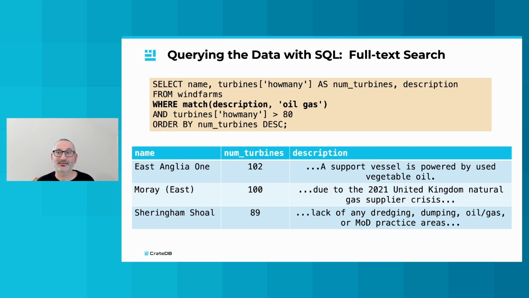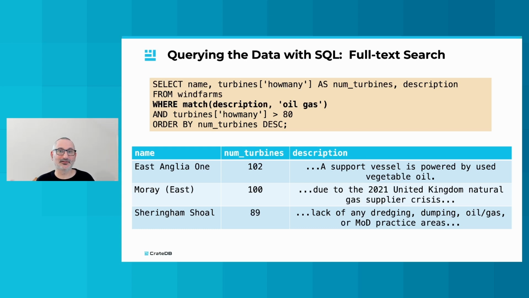So here I'm asking the database to find me the name and the number of turbines, which is in an object. So I'm using the square brace notation there to access a field in an object. And the description text from the wind farm table for wind farms where the description matches the keyword oil or gas in any order.